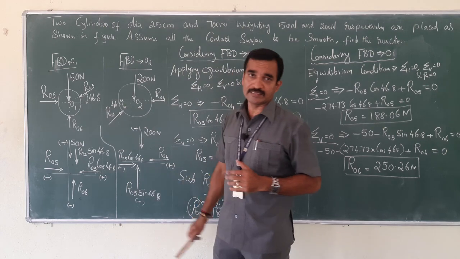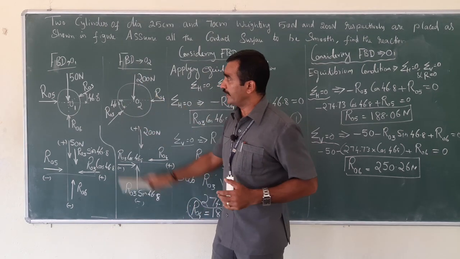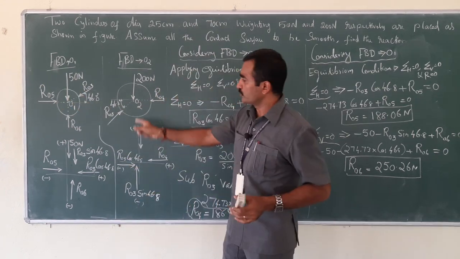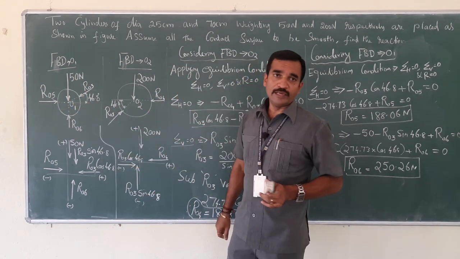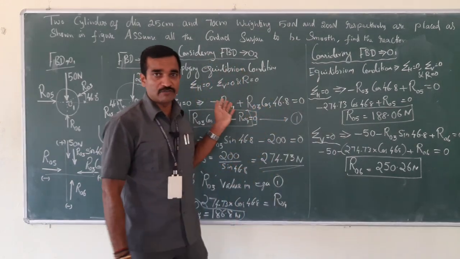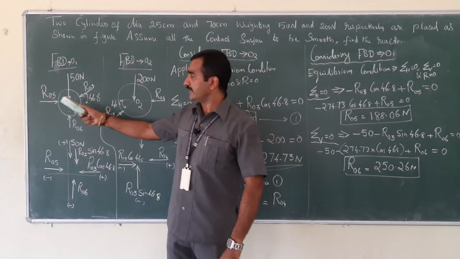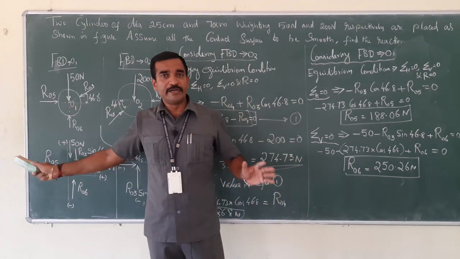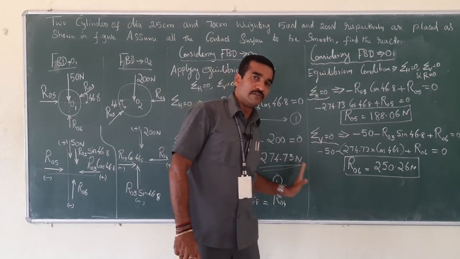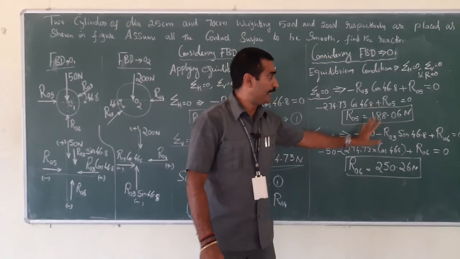In this case, cylinder 2 had only 2 unknowns, whereas cylinder 1 had 3 unknowns. So I proceeded with FBD2. By solving this, I found the values of RO3 and RO4. Then I considered the cylinder 1 FBD. From there I resolved all the horizontal and vertical forces by applying the equilibrium condition. There I found the values.